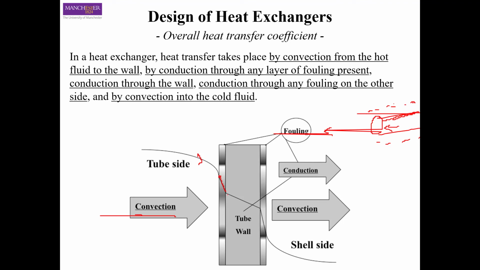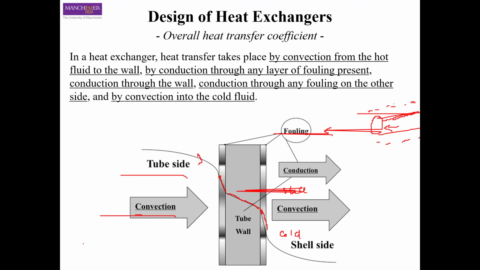Then you have the thickness of the tube, the wall of the tube itself, where you have conduction, and then you have another layer of fouling on the outside of the tube. That is the shell side now. Here we are in the shell, and here is the tube side. So here again you have the fouling and the heat transfer in the fouling, and finally you have, let's say, cold fluid here, and then you have convection in the cold fluid.